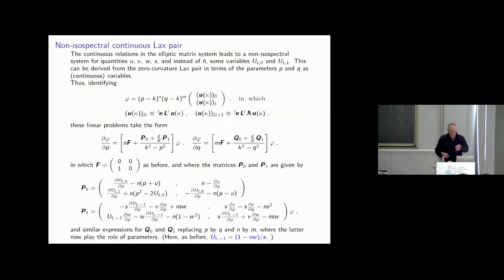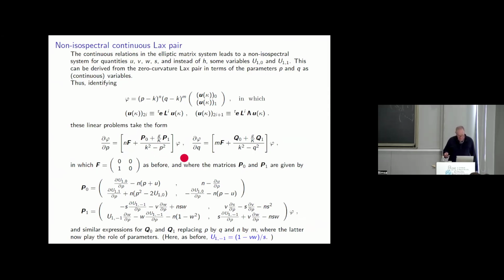Okay, and then there is another direction, and that is when you interchange the roles of parameters and discrete variables. I mentioned earlier that you can look at differential relations with respect to the lattice parameters. If you do that, then you can derive this non-isospectral Lax pair, or non-isospectral differential problem, which contains some matrices that are constructed from this elliptic matrix system, and which has movable poles.